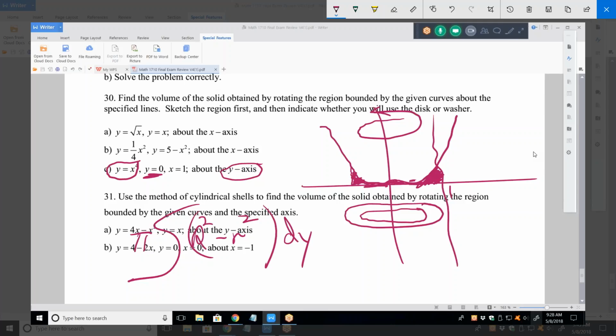Well, if I look at this curve and I want to know what that measurement is, it's x equals the fourth root of y, is it not? Yep. Okay. It's the outside radius.